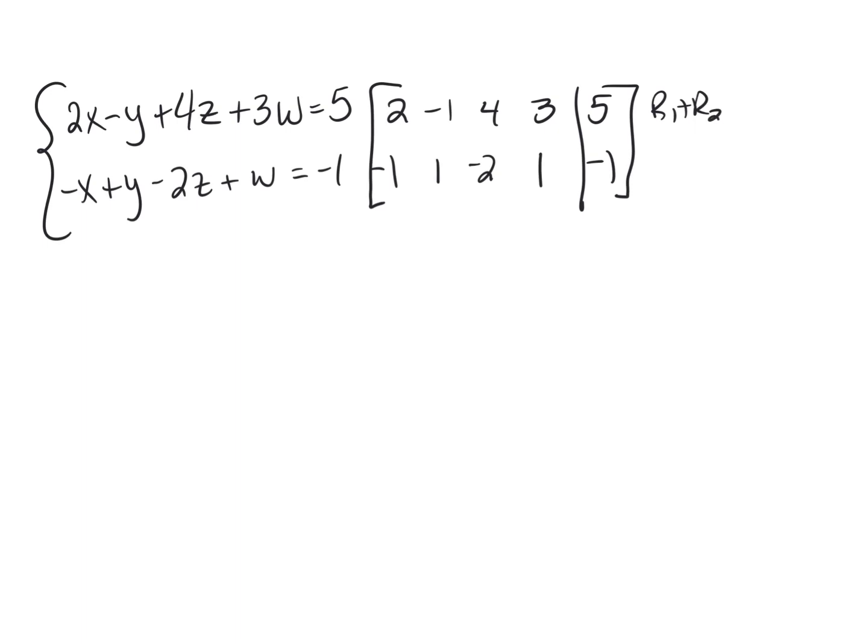I'm going to replace, it doesn't matter, I'm going to replace row 1 because it has bigger numbers in it. So when I add those 2 rows together, I get 1, 0, 2, 4, 4. Bottom stays the same.